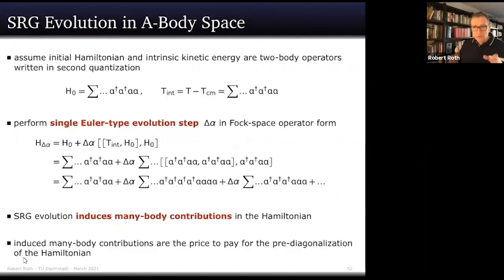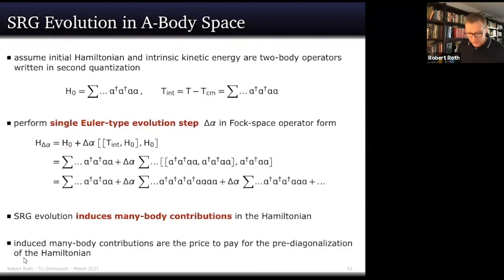If you just write down this transformation, this flow equation, in a super simplistic Euler type approximation, you go from the differential equation by writing the derivative on the left-hand side as a difference of the Hamiltonians at a small alpha point, which I call delta alpha, minus the original Hamiltonian.